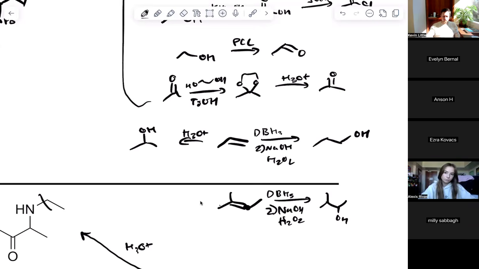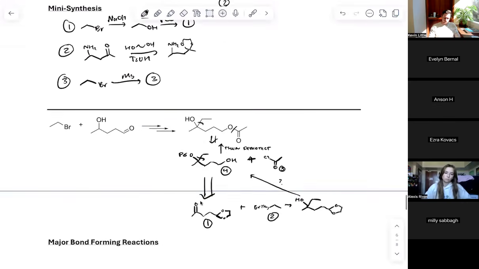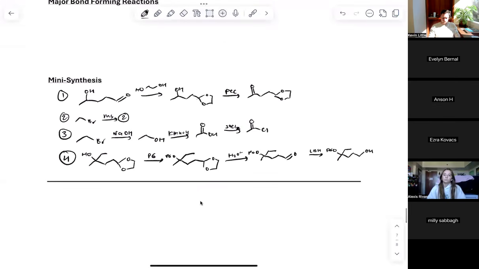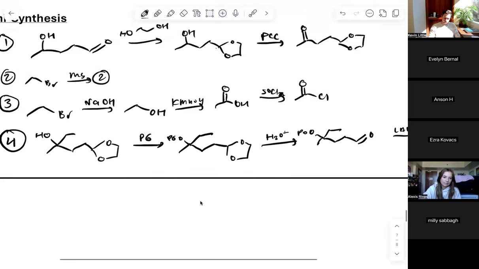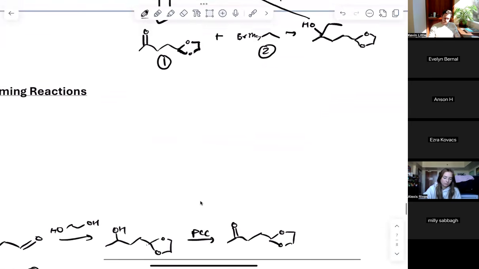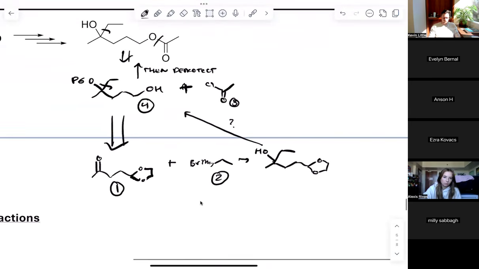I have a quick question for the last one. You showed how you protected the carbonyl and undid the acetal in the mini synthesis. Is it okay if I did that in the major bond formation? I just didn't show the steps.